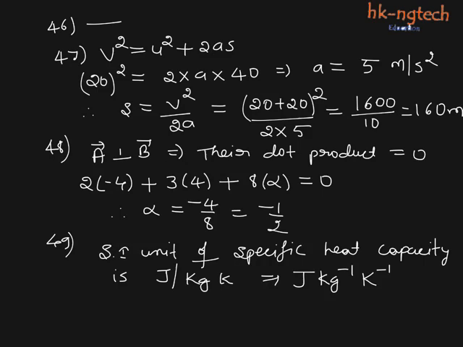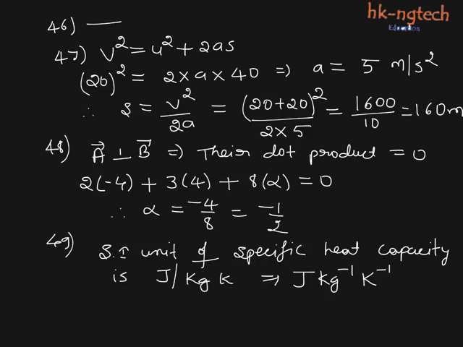47th question. A car moving with a velocity of 20 meter per second is stopped in a distance of 40 meter. If the same car is traveling at double the velocity, the distance traveled by it for the same retardation is... So here we can easily find out the value of acceleration, correct?